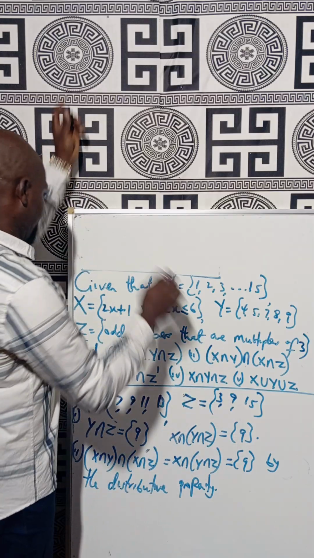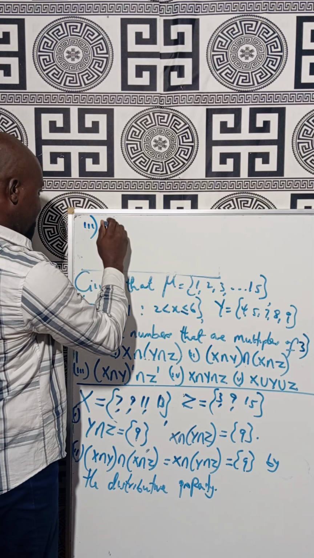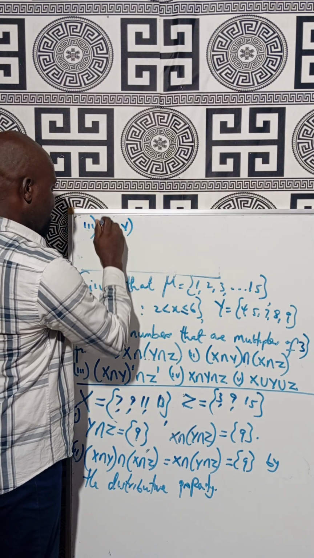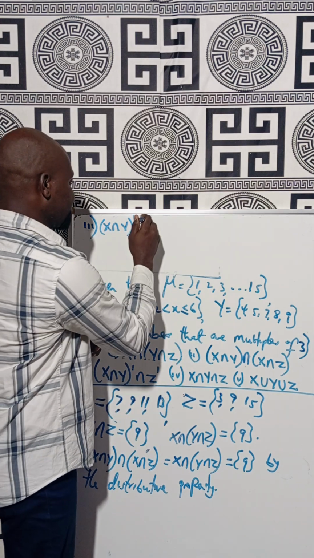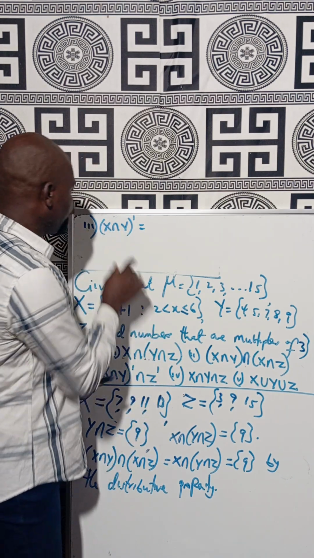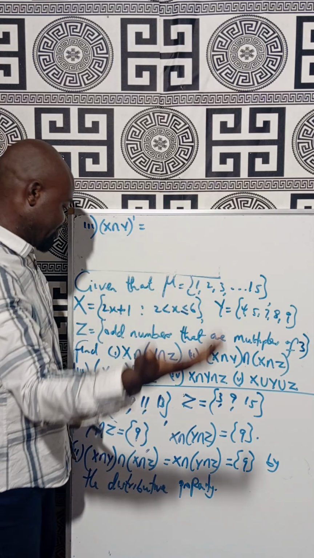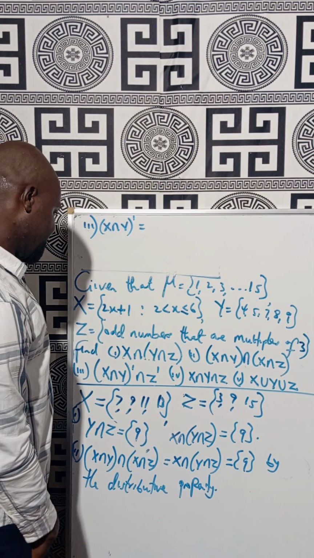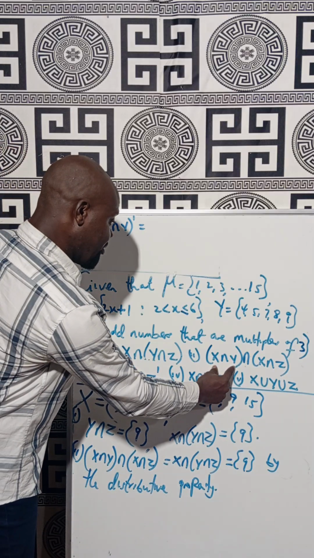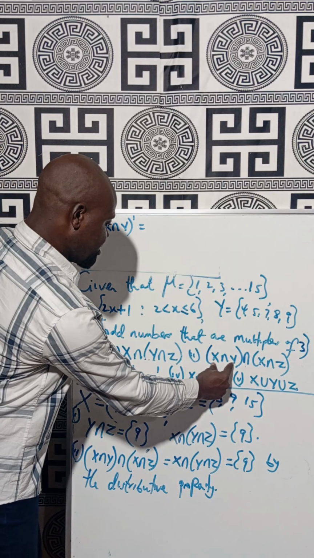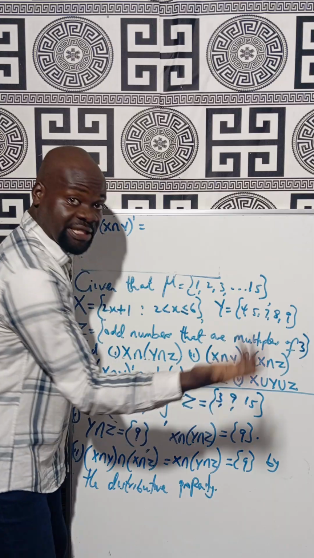Let's find this one first. So we have number 3. Let's find our x intersection y prime. Firstly focus on the one inside the bracket, x intersection y. We have not done it before. Let's go and find it. It's very simple now.